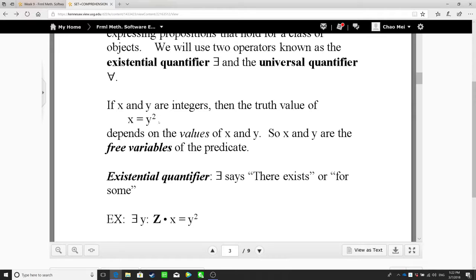Is x equal to y squared true or false? We don't know. It depends on what values x and y have. If x and y both equal 1, then this is true. If x is 1 and y is 2, it's not true. So they're called free variables.